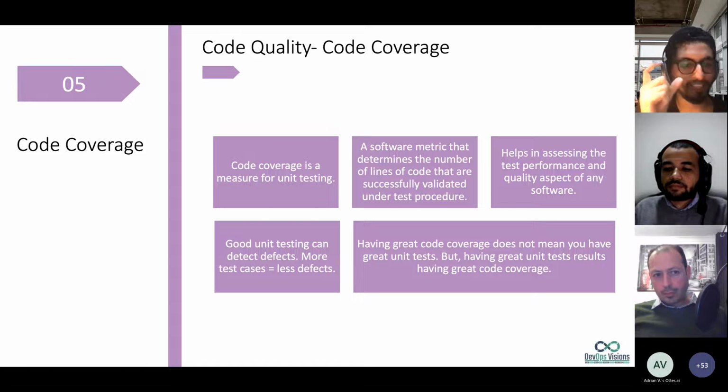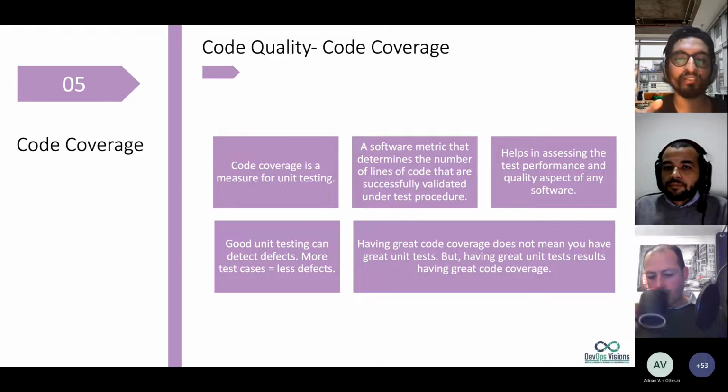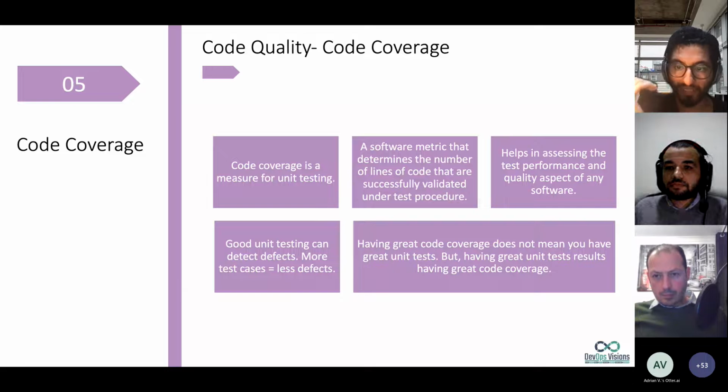No, because you might have unit testing for each method in your code and your coverage is 100%, but maybe you are not covering the whole business logic validation itself. We will see this in the next slide. So the conclusion is that having great code coverage doesn't mean that you have great unit test cases, but the opposite is correct: having great unit tests will result in great code coverage.